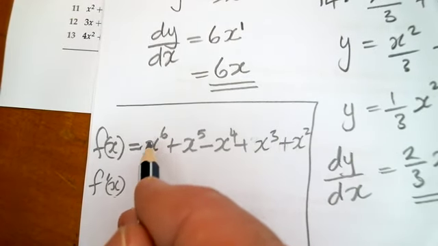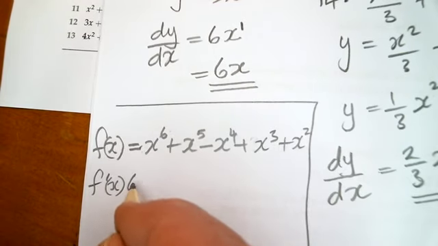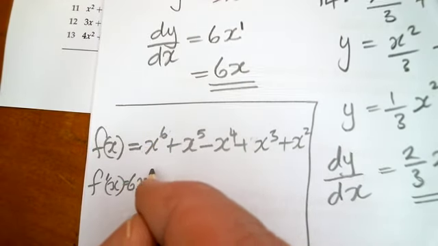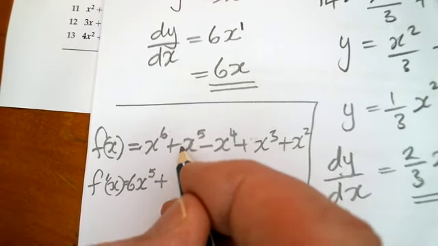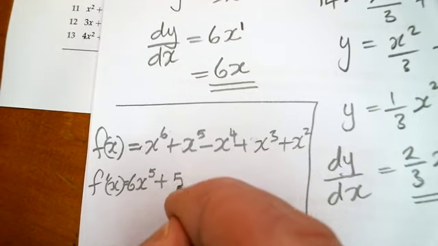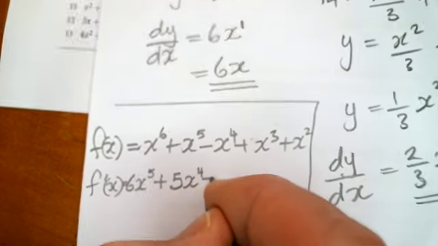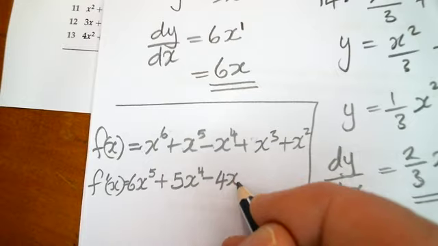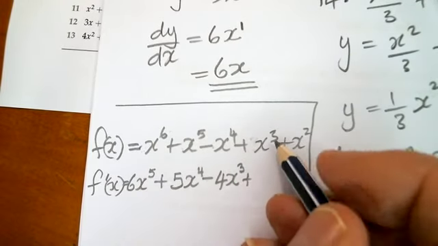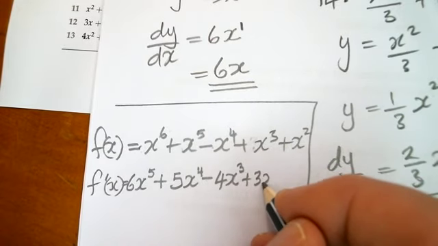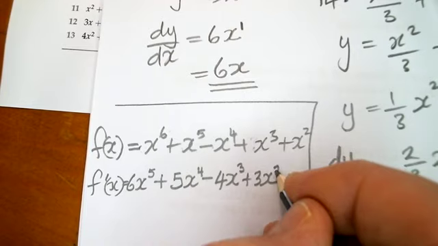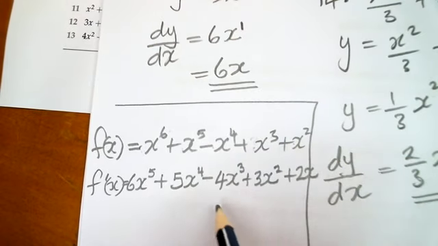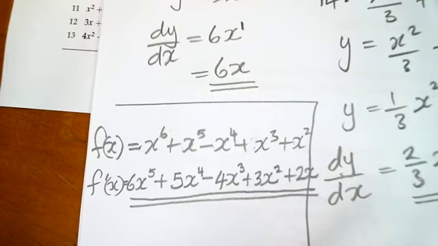So f prime x equals 6 times the coefficient, well the coefficient is 1, 6 times 1 is 6x, and I'm going to reduce the power by 1, the 6 becomes a 5, plus 5 times 1 is 5, x to the 4, minus 4 times 1 is 4x, reduce the power by 1 becomes a 3, plus 3 times a positive 1 is 3, with an x, reduce the power by 1 is a 2, and I've got 2 times x is 2x, reduce the power by 1, the squared becomes a power of 1, and there is our differential. I like that one, that's very cool.